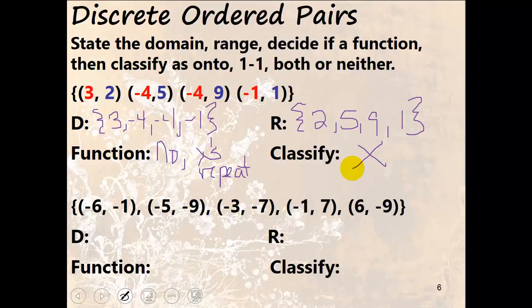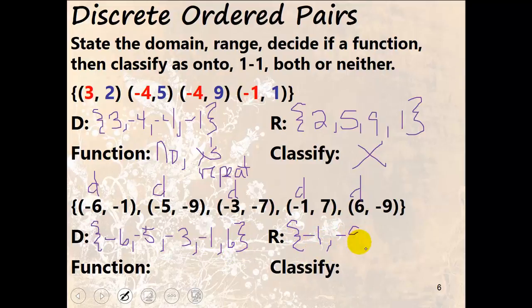We're classifying the function. All right, on this one, our domain values are the x's. So it's -6, -5, -3, -1, and +6. The range is -1, -9, -7, +7, and -9.